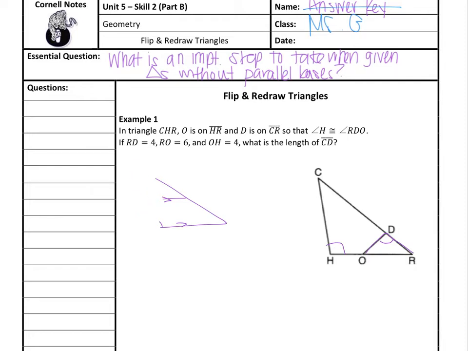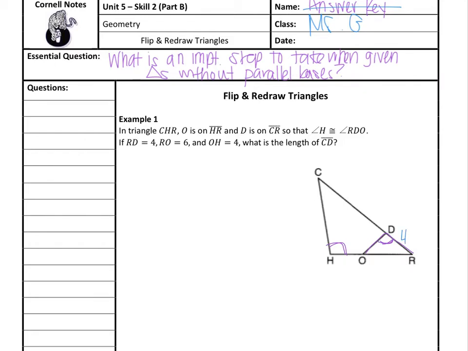Well, in this case, we don't have parallel bases, so the angles that are congruent are actually kind of flipped around from one another. So we're going to label our picture, but then we're going to redraw it. That's the important step you want to take when you don't have parallel bases, because then you can clearly see what two parts match up.